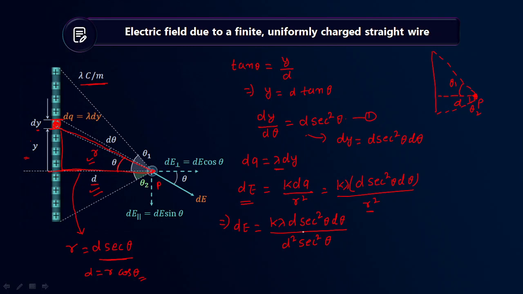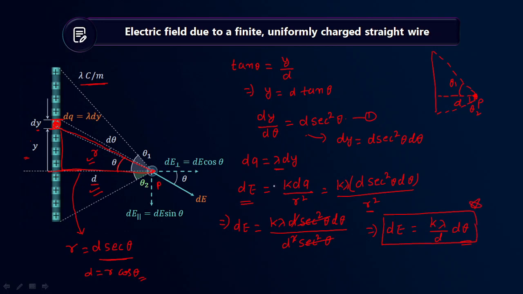Simple. So now we can simplify. The d and the square we can cancel, and sec square theta we can cancel. So now we are left with dE equal to k lambda by d into d theta. Is this term clear? Up to this point, clear to everyone?